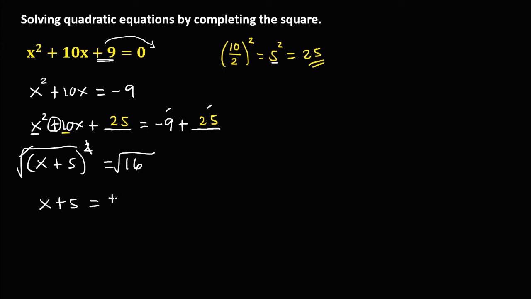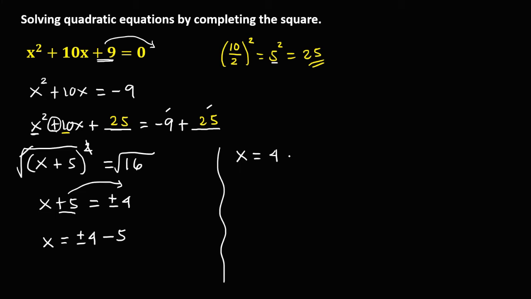This is positive and negative 4. Then to solve for x, we have x plus 5 equals positive and negative 4. So we need to transpose this positive 5 to the right, so this becomes negative 5. Then to solve for these solutions, we have x equals positive 4 minus 5.